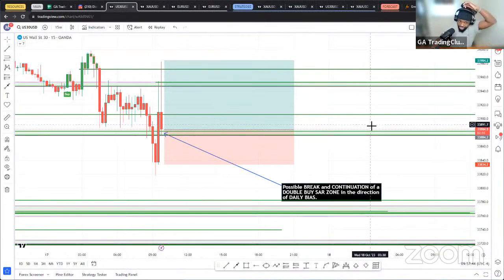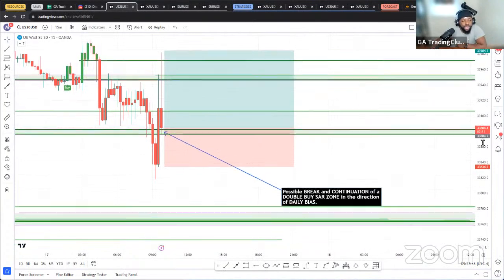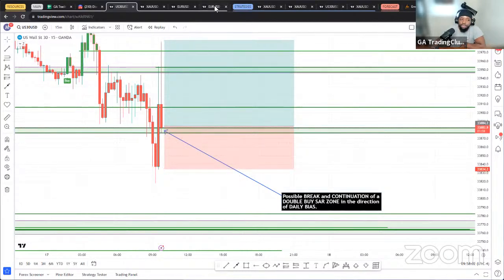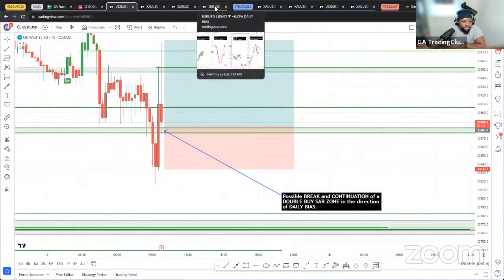If price closes in the next 2 minutes such that this break and continuation is validated, I do see, I think, they might stop hunt people. So either way, my bias hasn't changed for US 30.